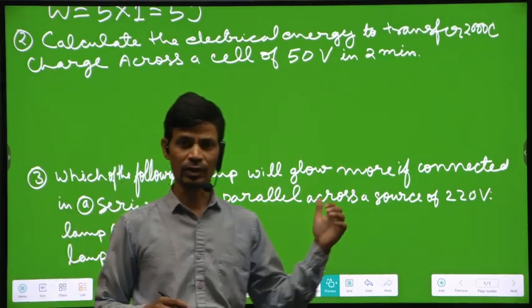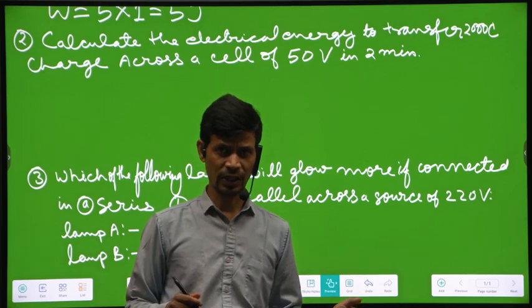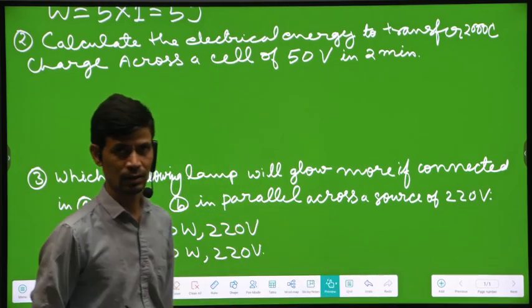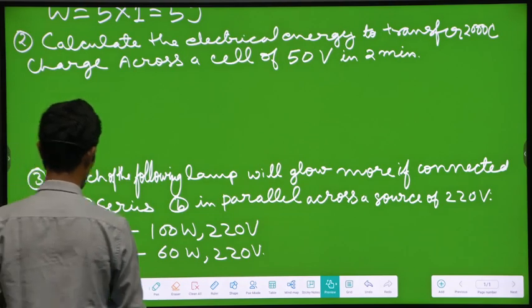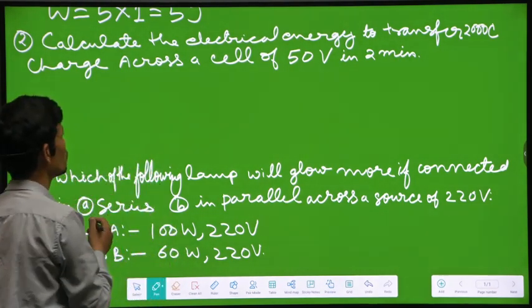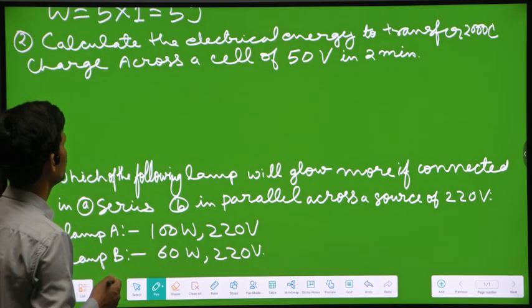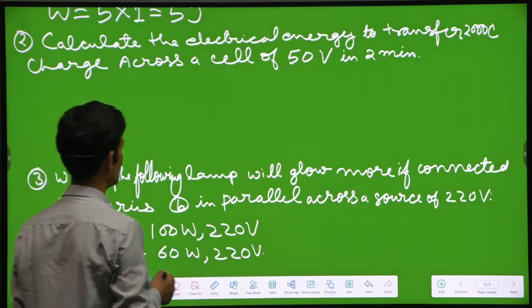For each of these questions, pause the video, give it a try, and after that, just see the solution. Okay, calculate the electrical energy to transfer 2000 coulomb charge across a cell of 50 volt in 2 minutes.